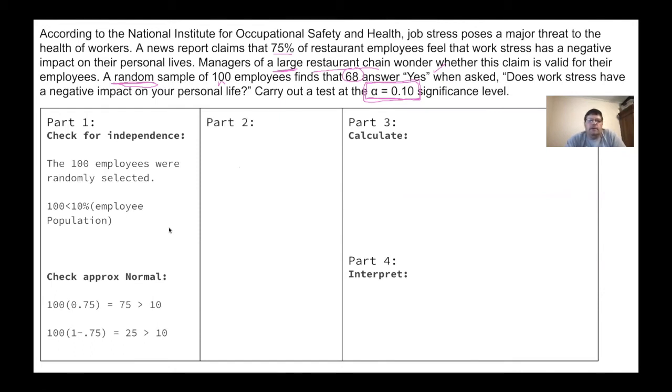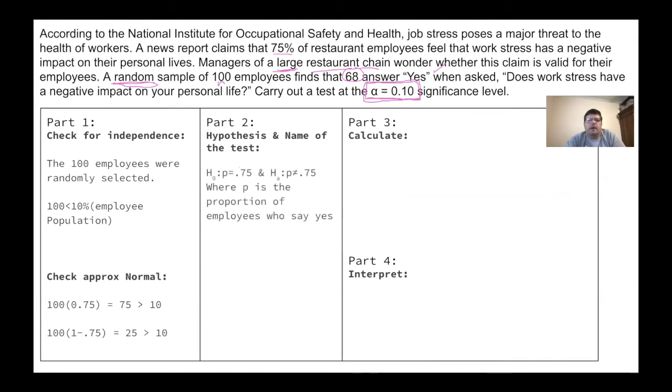For part 2, then we're actually going to name the hypothesis and the test statistic and set it all up, set the hypotheses up. So in this case, it doesn't indicate a direction. In the previous one, we're showing less than 0.25. In this case, he's just wondering if the claim is still valid.